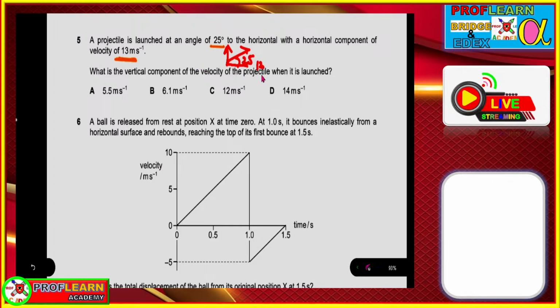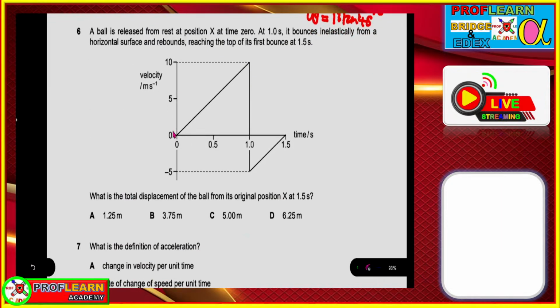Tan 25 is equal to u in the vertical direction over 13, which is adjacent. So u in the y direction is going to be 13 tan 25. Now if we put that in the calculator, we get our answer, which is b, 6.1.